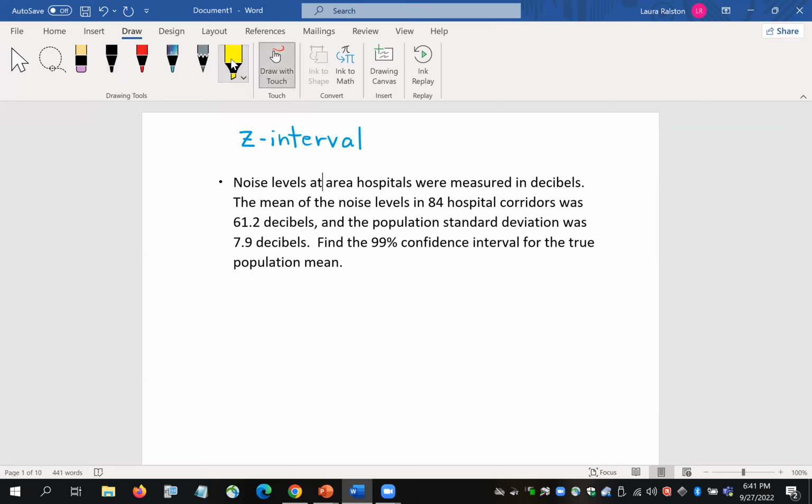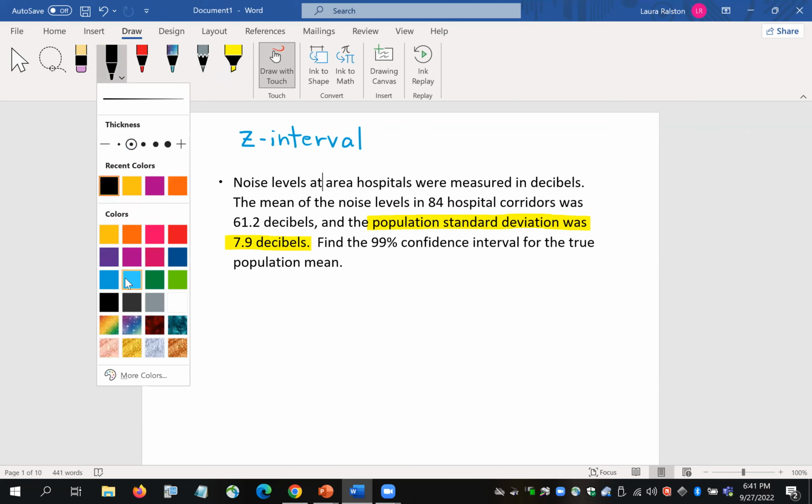The first thing that jumps out at me to know that I'm doing the Z interval is that in this scenario, very clearly, I am told the population standard deviation.